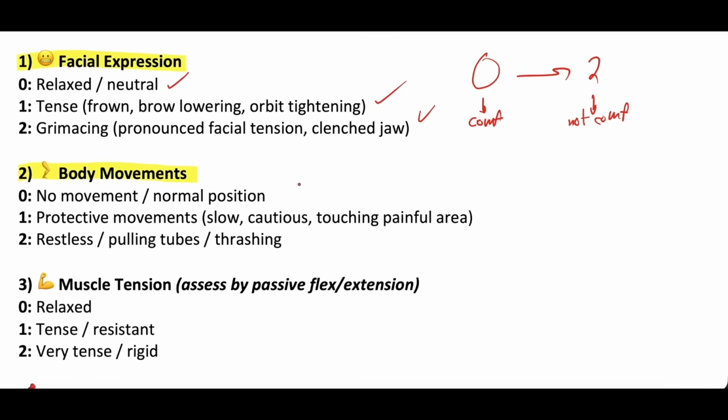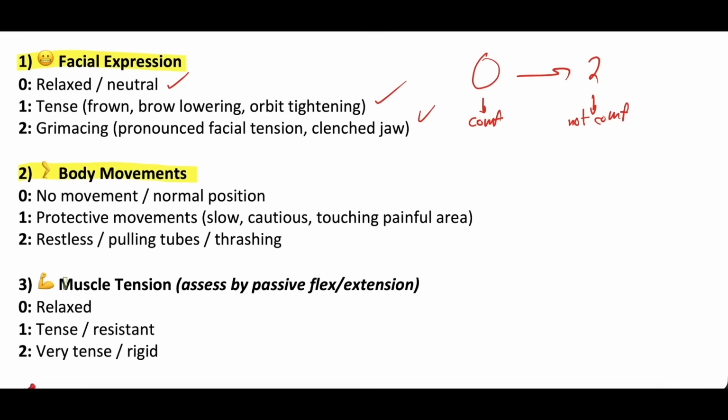A CPOT score of 1 for body movements is protective movements. They're cautious when you're touching painful areas, and they might look like they want to protect that area. And 2 for body movements is they're restless. They're pulling at tubes, thrashing around because they're in so much pain.